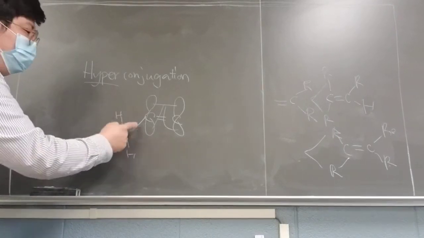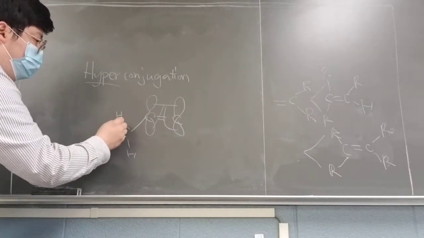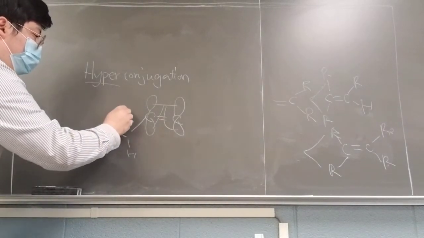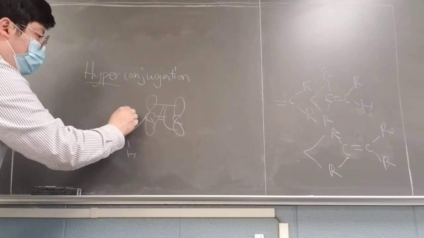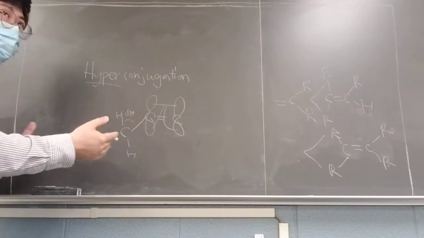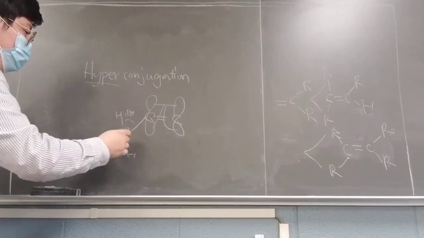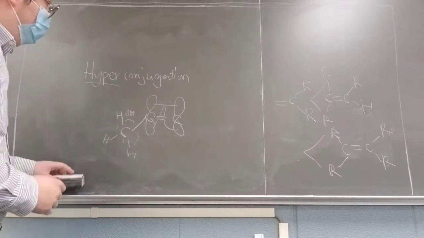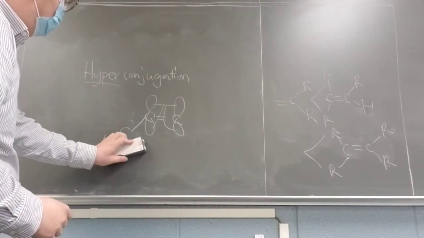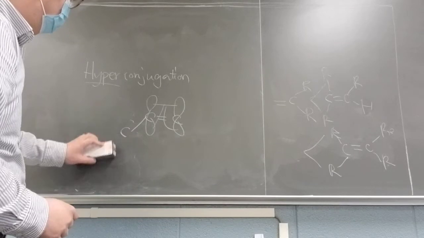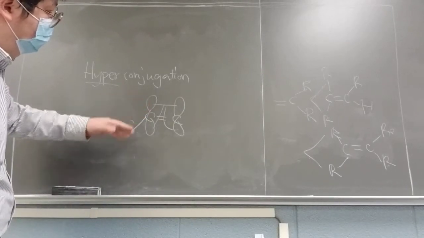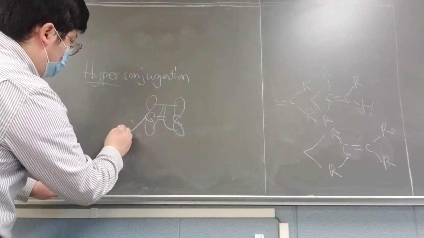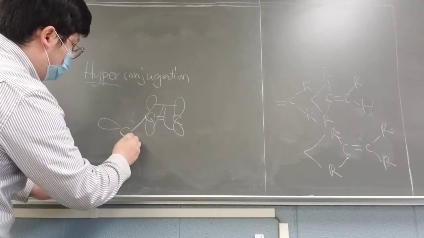If it's the methyl group, you're going to have roughly 109.5 degrees, not always the same, but averagely speaking, here and here, right? So when we draw this a little more precisely, on the same plane, it actually looks like this.